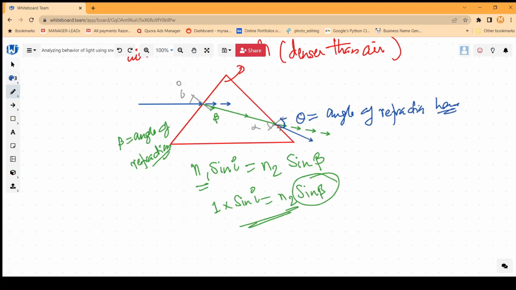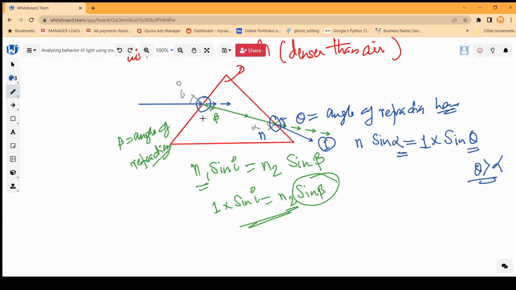And at this point, we are going to write Snell's law. So this medium has refractive index n and this one has refractive index 1. So n sine alpha is going to be equal to 1 into sine theta, and theta is going to be greater than alpha.